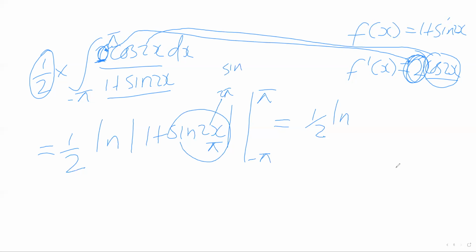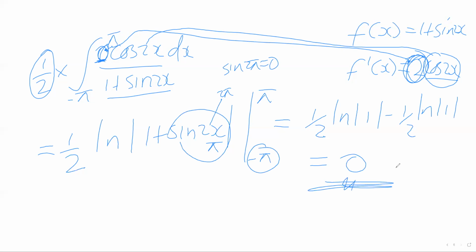Now remember, sine 2 pi is 0, so I am going to have 1. Then 1 minus 1 over 2. I do the same, I put negative pi, and I'm going to have 1 as well. So finally the answer will just be 0 when I integrate that.